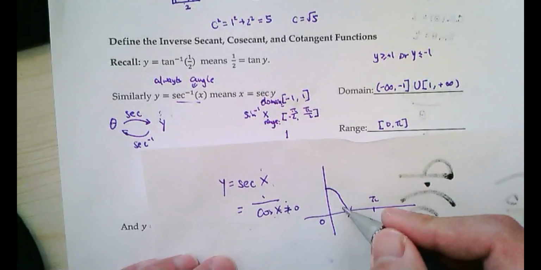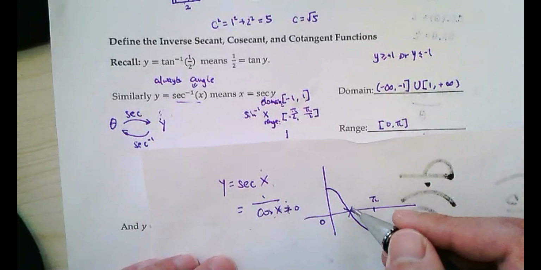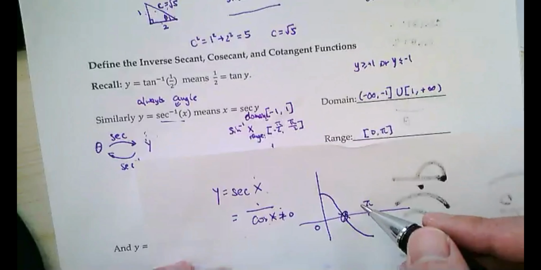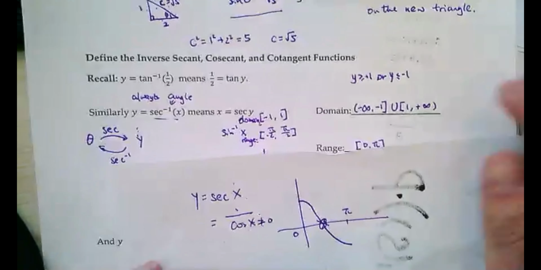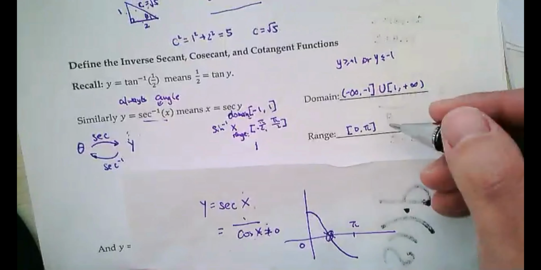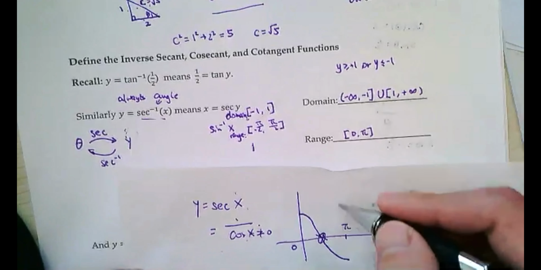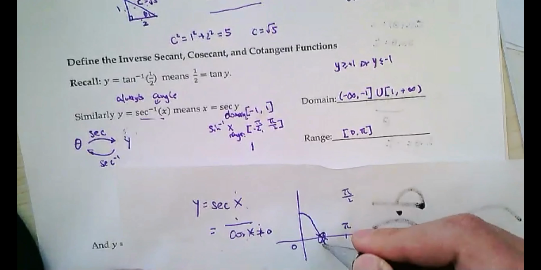So as you can see, this is a bad point. So we must remove this point. This point is pi over 2. That's where cosine of pi over 2 is 0. This is a bad point. We should remove pi over 2.